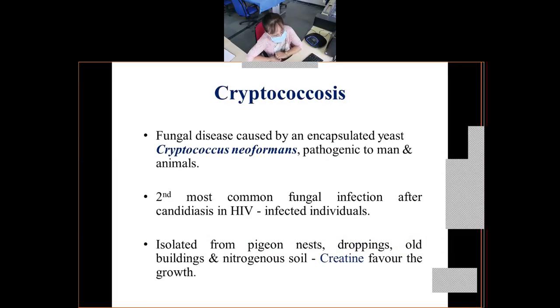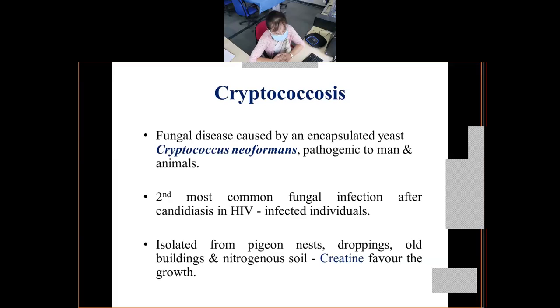Now, cryptococcosis. This is a fungal infection which is caused by an encapsulated yeast called Cryptococcus neoformans, and it has been found to be pathogenic to both man and animals. After candidiasis, Cryptococcus is the second most common fungal infection, which particularly affects patients who are either HIV infected or otherwise immunocompromised by some other causes.